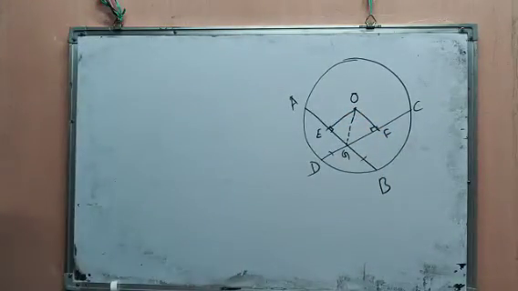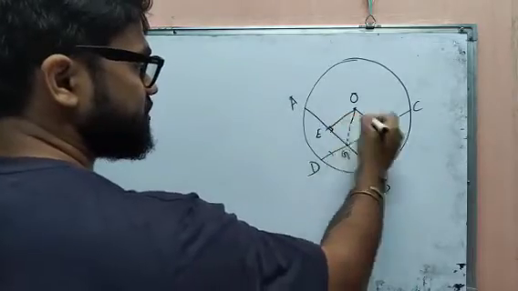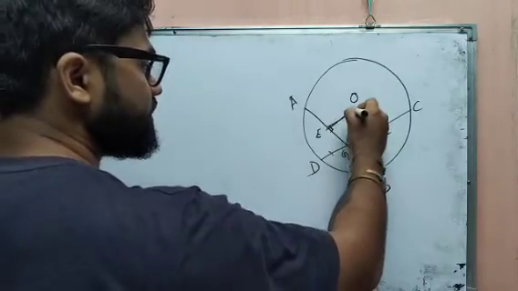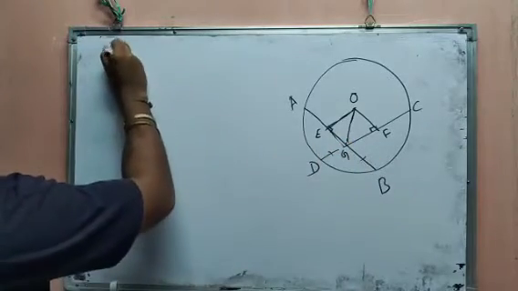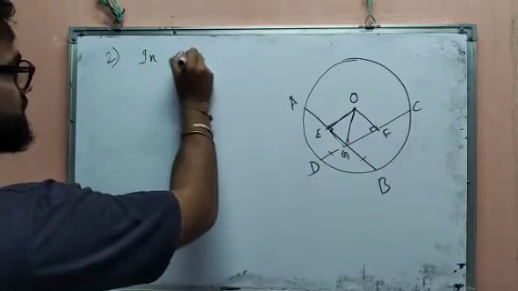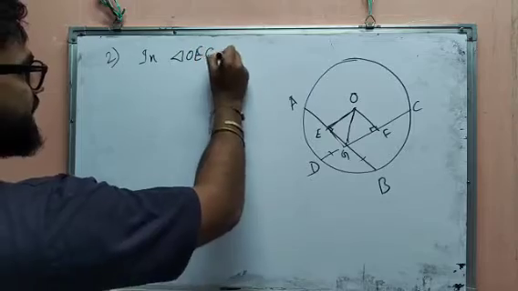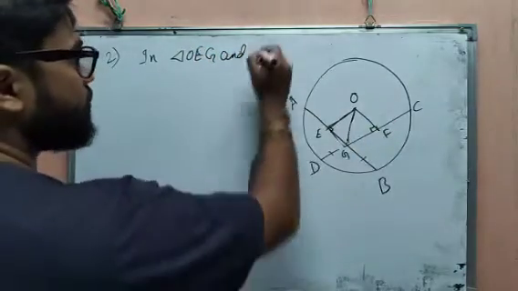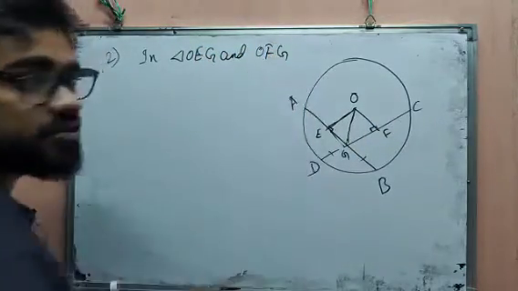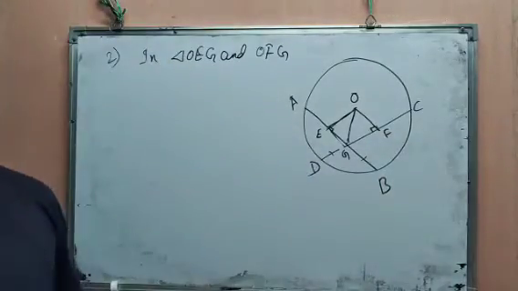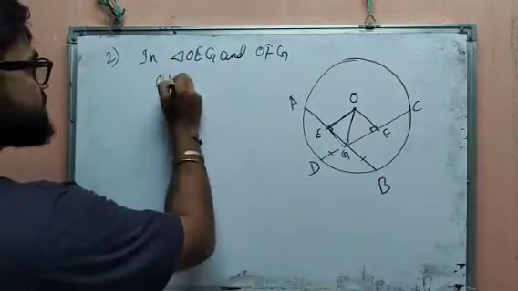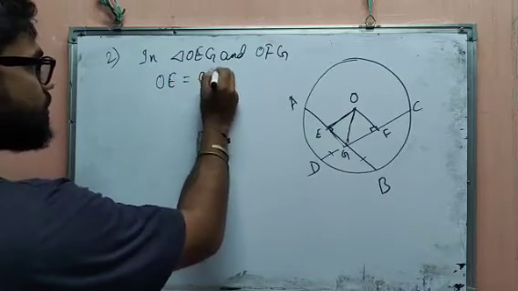Now in triangle OEG and the other triangle OFG, in these two triangles, first one, OE equal to OF.